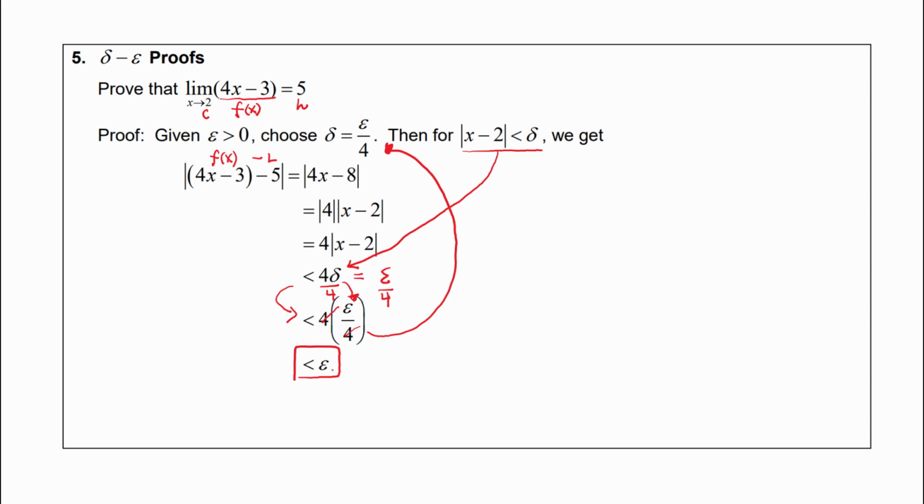So you show, given any epsilon positive, if your delta is epsilon divided by 4, then the difference of f(x) from L has to be less than epsilon. So therefore, we conclude the limit as x approaches 2 of 4x minus 3 equals 5 by the formal definition of limit.